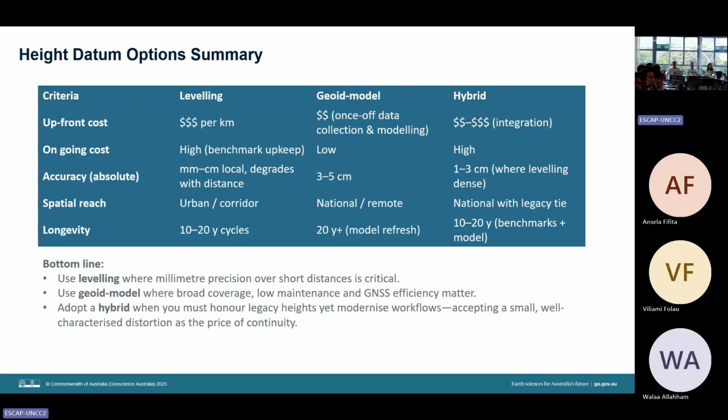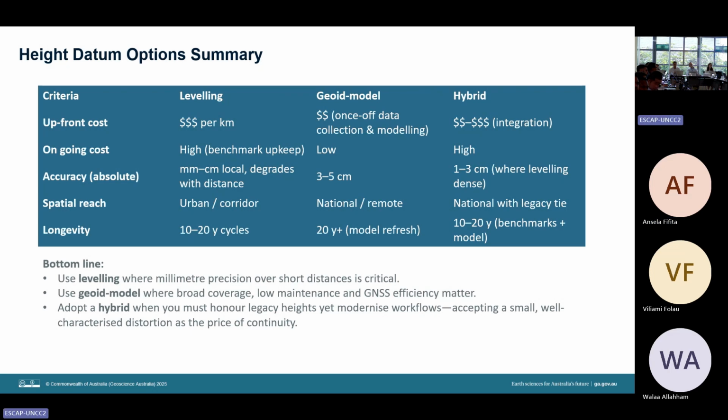The hybrid solutions suppress long wavelengths in the leveling data and reduce the need for expensive re-leveling over hundreds of kilometers, and let GNSS users slot right into the existing framework.